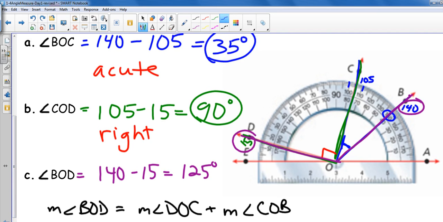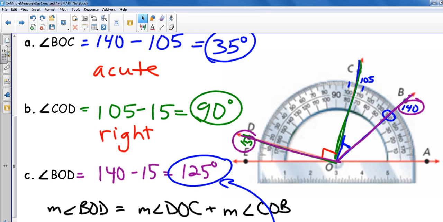So if I go ahead and put in my 90 right here, plus my 35 that I had initially, that's another way that I can come up with the same answer of 125 by adding those two. Okay? That's the basics of angles.